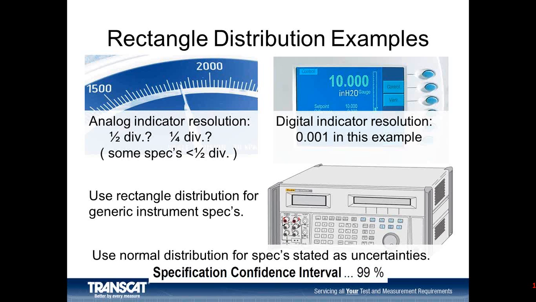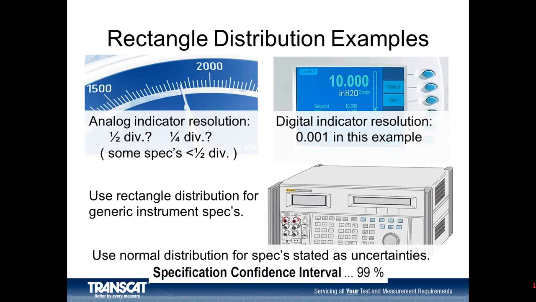Likewise, it would have to decrease by 5 in that next digit for the display to round down to 9.999. So there is a range of plus or minus 1/2 of the least significant digit, 1/2 of a count, plus or minus. And over that range of plus or minus half a count, we don't have any way to determine where within that range the actual value is. And that is the definition of rectangular distribution.